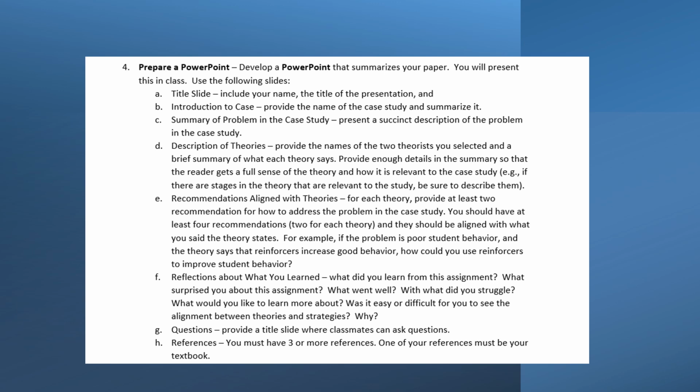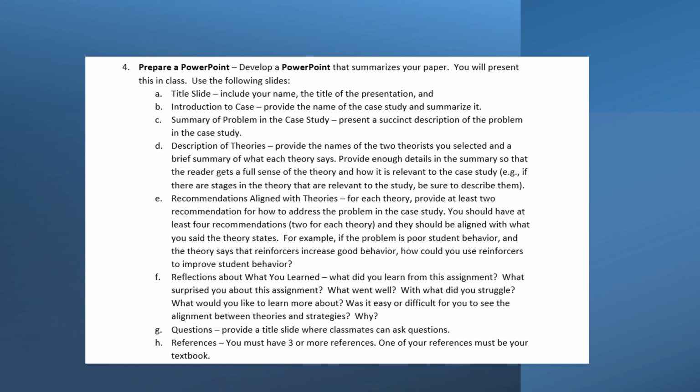When you're describing the theories, it's important to provide enough details that the listener really has an understanding of what the theory is. So for example, if you're describing Piaget's theory of cognitive development, you'll want to describe how Piaget thought learning occurred through the process of assimilation, for example, and exploration of the environment, as well as his stages.